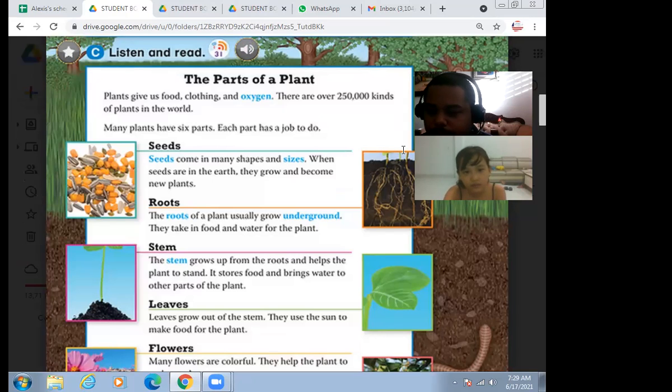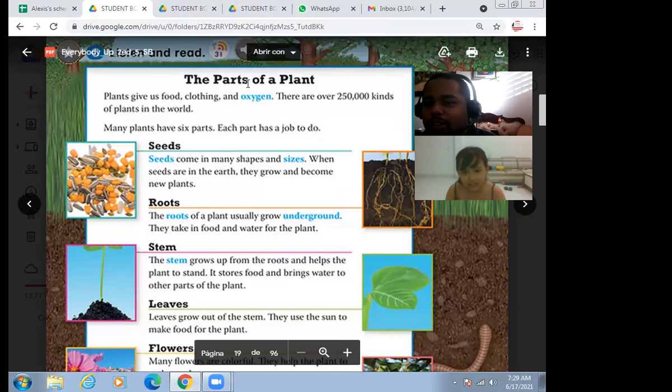Plants give us food, clothing, and oxygen.